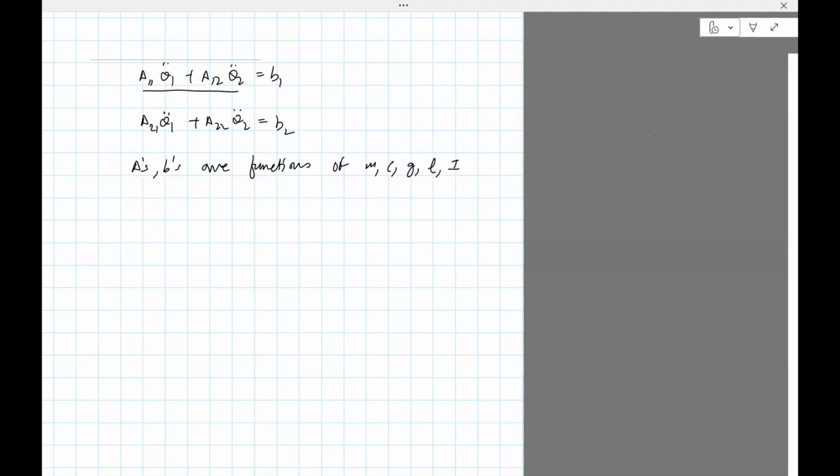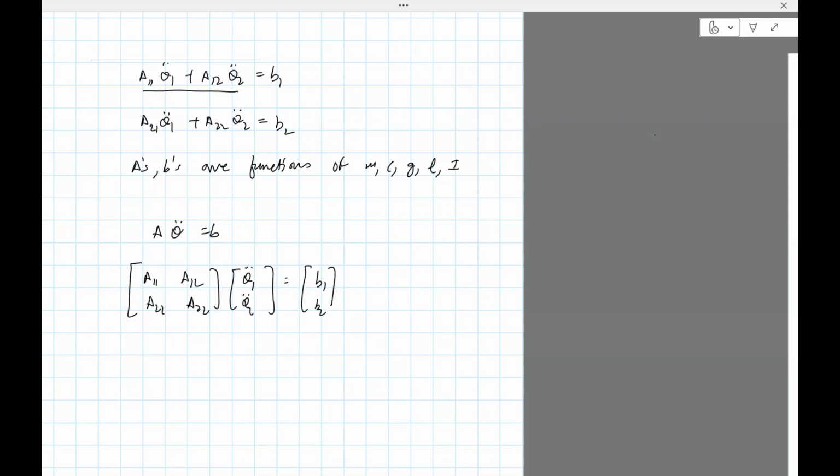So what you'll do is you'll write this as A theta double dot equals B, where A is A11, A12, A21, A22, theta1 double dot, theta2 double dot equals B1, B2.